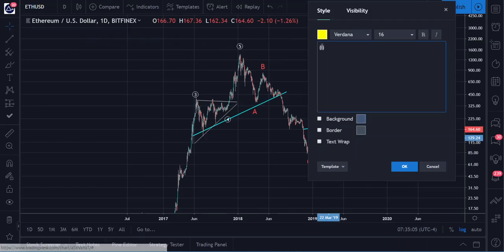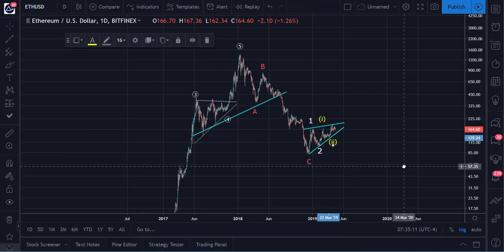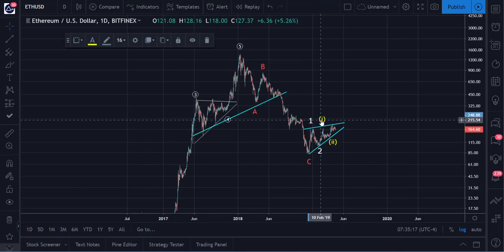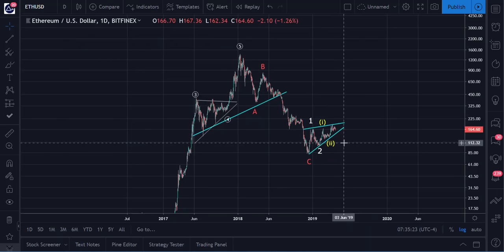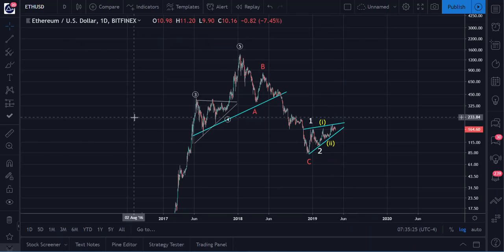Thereby, the yellow 1-2 is nested within the white 1-2, because yellow 1-2 are the subwaves 1 and 2 of white wave 3. A little bit confusing, but it's pretty linear to be able to follow that.